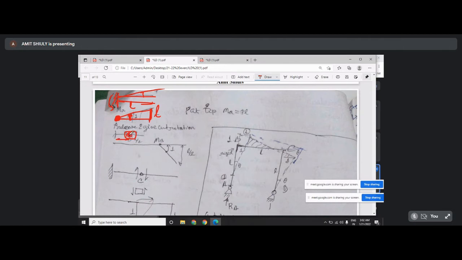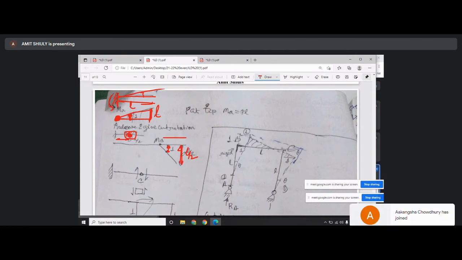You have to incorporate a hinge and give a unit rotation here. So this is 1, and this is L by 2. Naturally this value is L by 2, and this is your influence line diagram of MB.